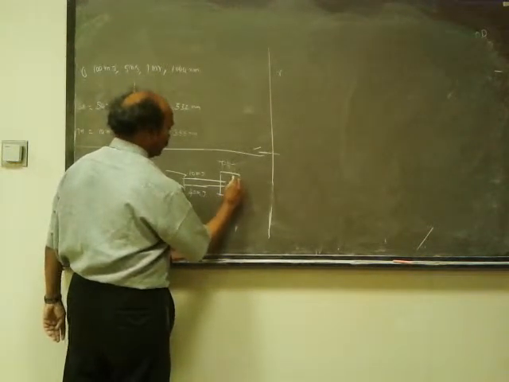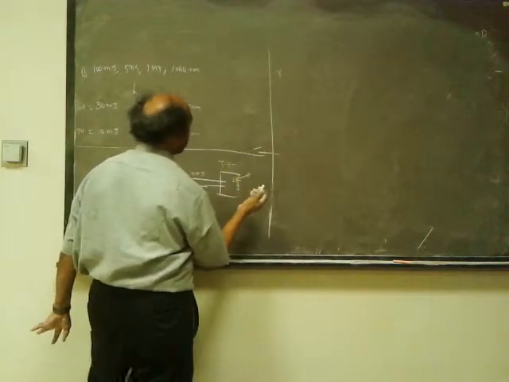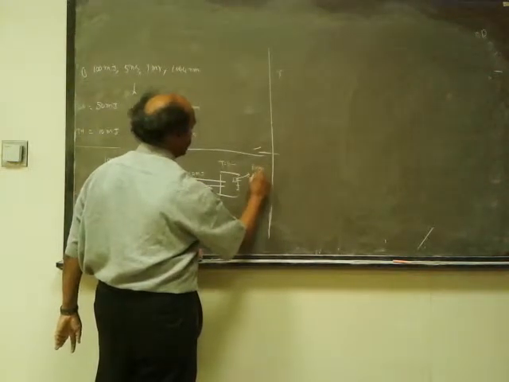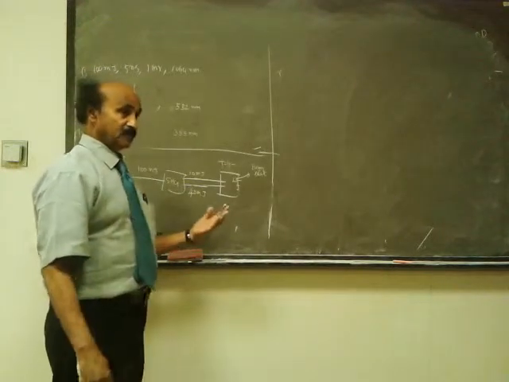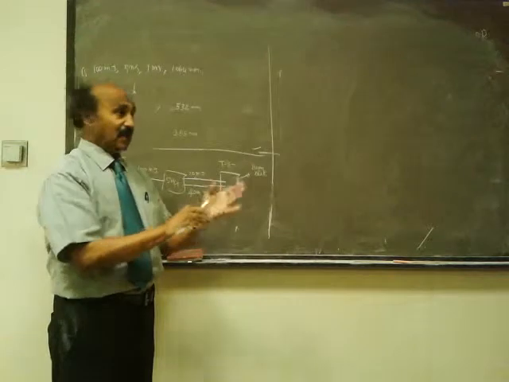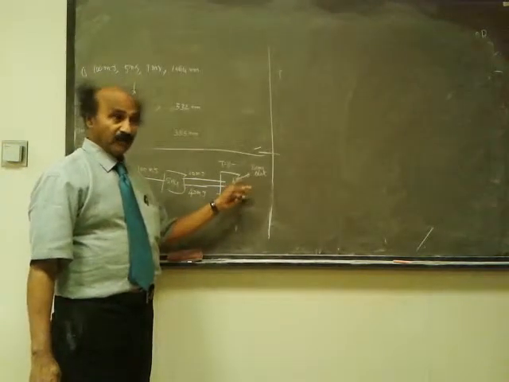I put what is called a beam block. A beam block is a rough surface which will absorb all infrared radiation, because I don't want this 10 milliwatt infrared to come out.